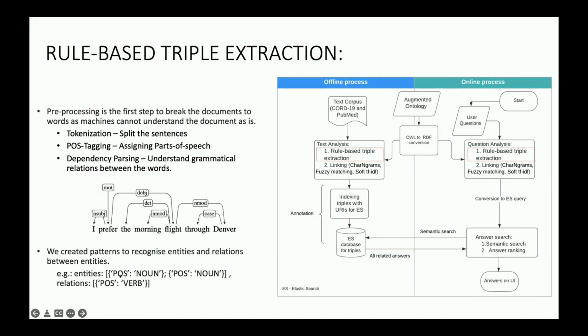For example, for an entity we have a noun followed by a noun, such as coronavirus vaccine. A noun followed by a noun is an entity, and a verb, like suffering, can be considered a relation between these entities.